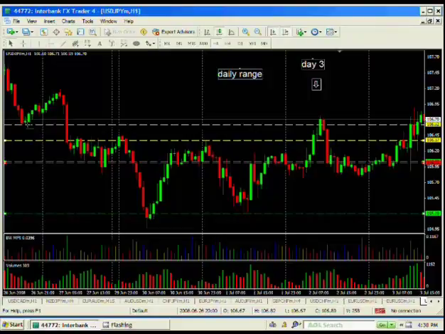As we can see, after we get our bounce off of yesterday's high, we move up and do get a close even above this resistance level here. Now we got a close above resistance.